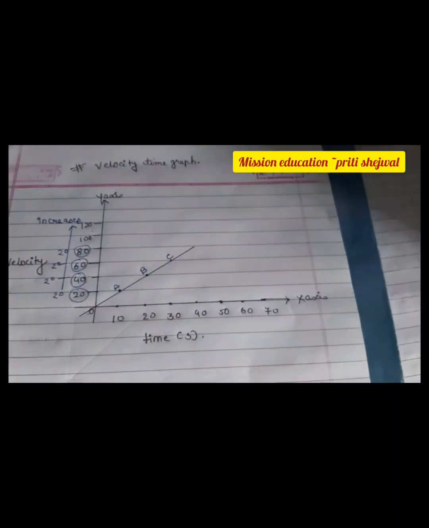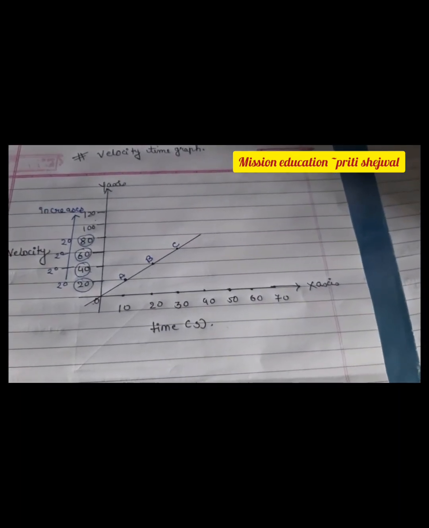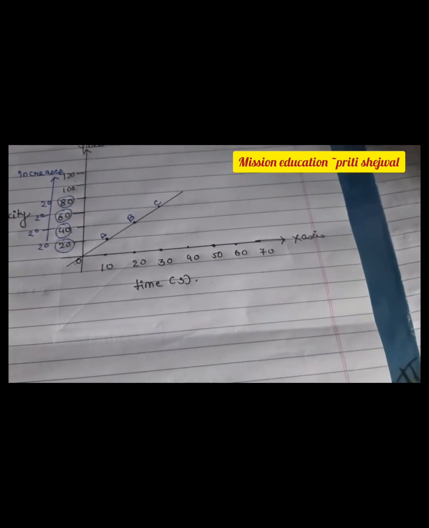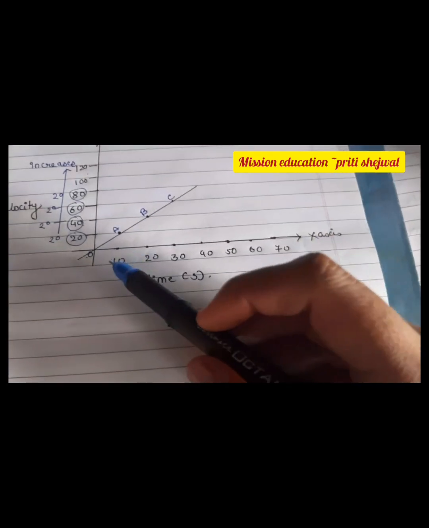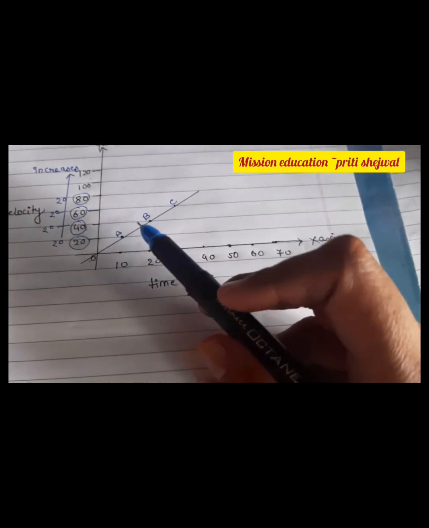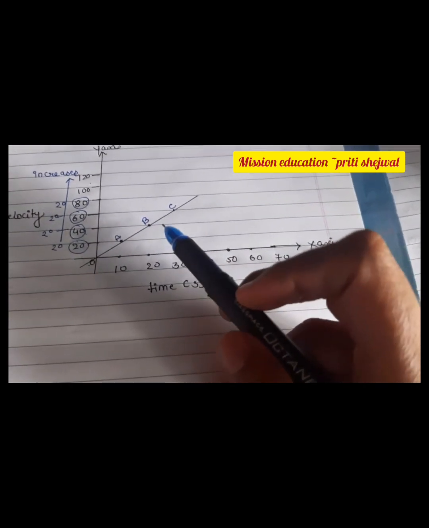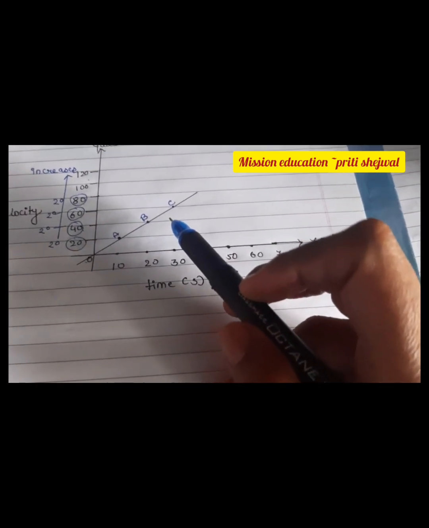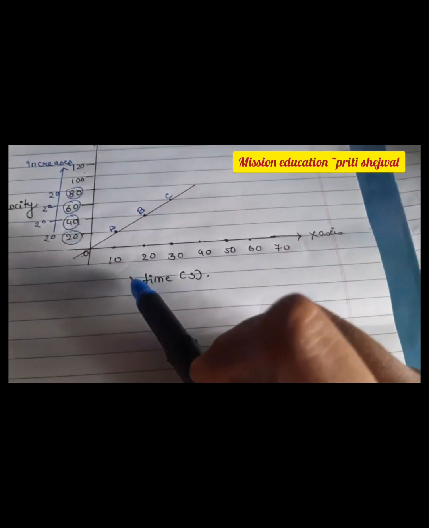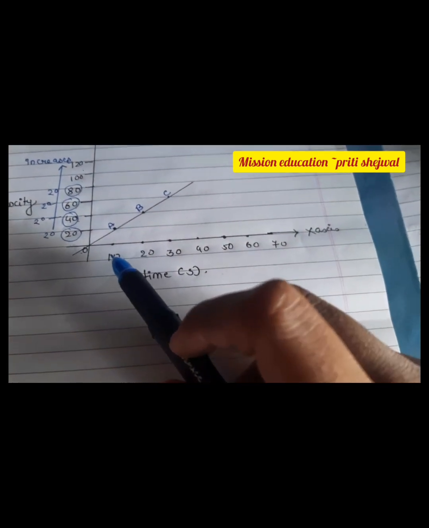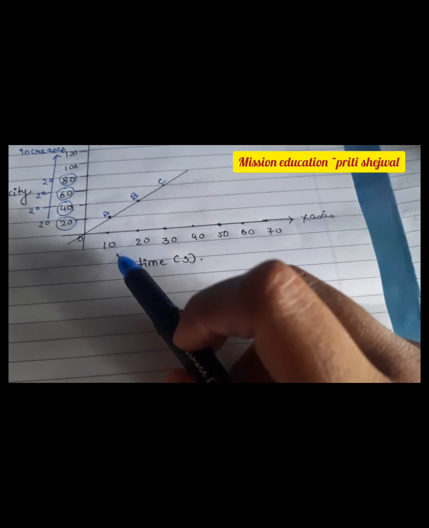Uniform motion means equal interval of time and equal distance. Okay, but though it is not uniform motion, it is uniformly accelerated motion. Why? Because at every point throughout the journey, acceleration remains constant. How?